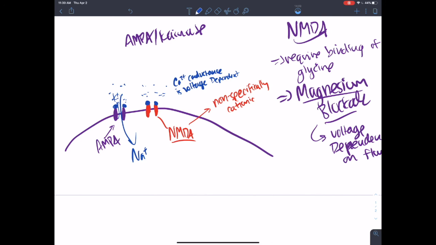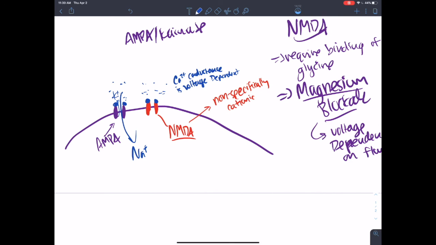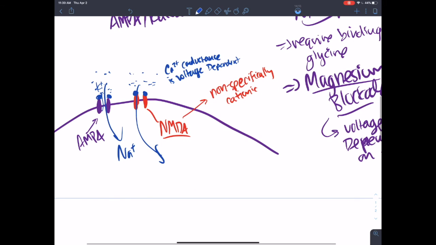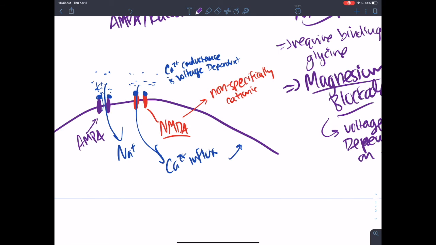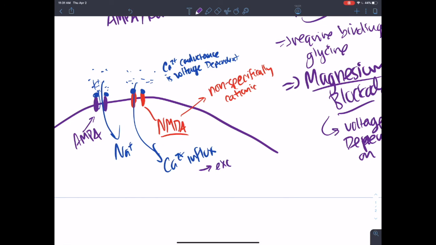But essentially, to give you a little preview, calcium influx is going to lead to some kind of intracellular cascade that eventually leads to exocytosis of AMPA-containing vesicles in the postsynaptic neuron. So I want you to think about what this might do to the sensitivity of the postsynaptic neuron to glutamate. And we'll talk about that in the next video too.